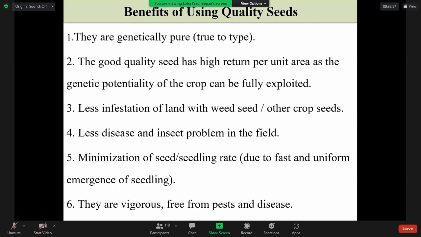For the next season cultivation, if you want to store, you are able to bring down the moisture content.